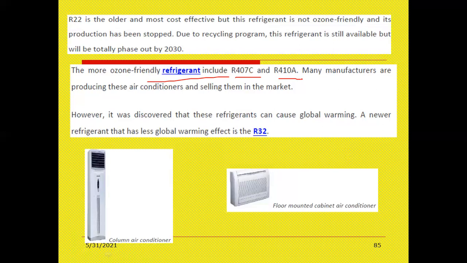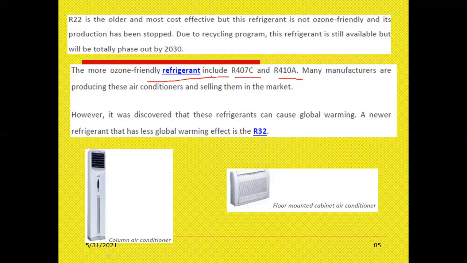A new refrigerant having less global warming effect is R32. So these are some of the points which we can remember for the competitive exams, right? The less global warming refrigerant we are using is R32, but the others cause global warming.